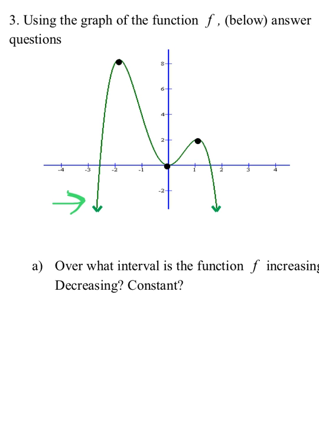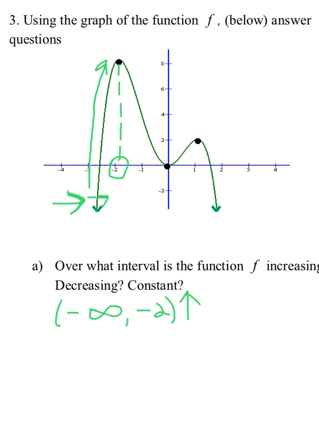As I'm heading to the right, I notice that my y values are going up until I get to about right here. That's right around -2. So we would say that the function is increasing from negative infinity to -2.